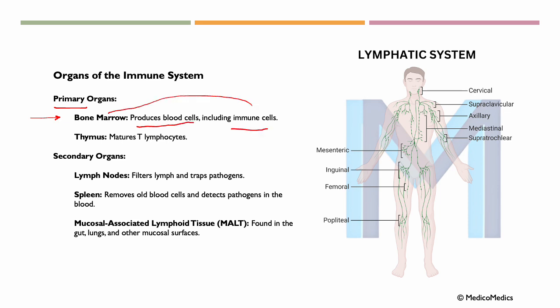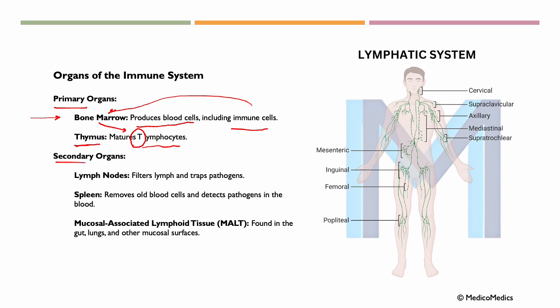So they all stem from the bone marrow. But we also have the thymus. This is where T cells that also come from the bone marrow migrate to the thymus to mature into functional active T lymphocytes, meaning proper T cells.